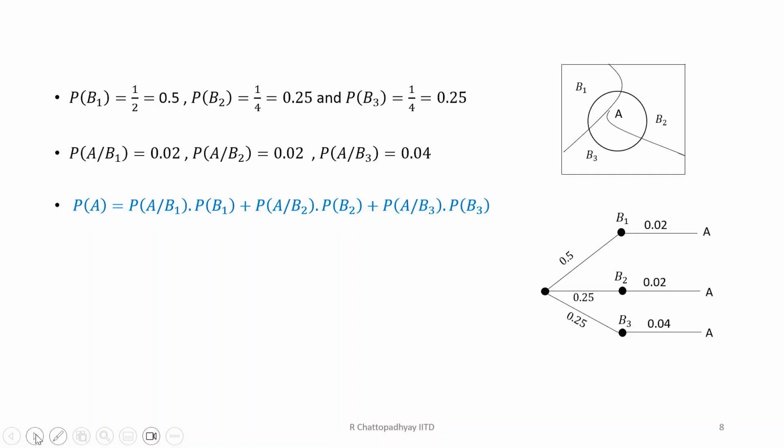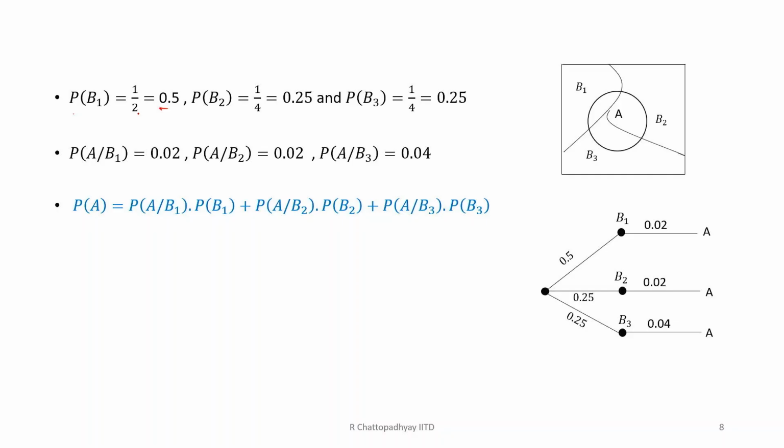we can write what is P(B1). 0.5, because this factory produces double the production of others. So therefore, whatever materials are coming here, the quantity of material from B1 is double of B2 or B2 B3 combined, whatever is there.